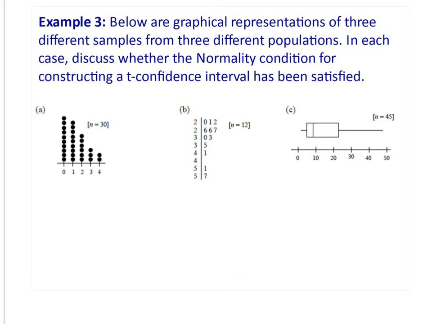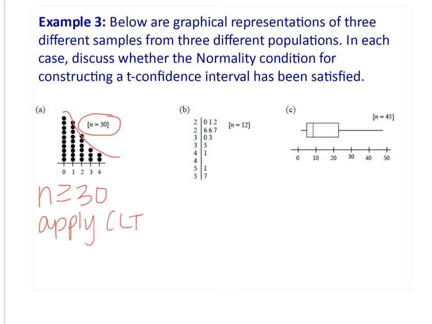Example A gives me a dot plot, and this dot plot is very skewed to the right. But the sample size is 30. And we said if n is greater than or equal to 30, we can apply the CLT. And if we can apply the CLT, then it's normal. And that's checked off.